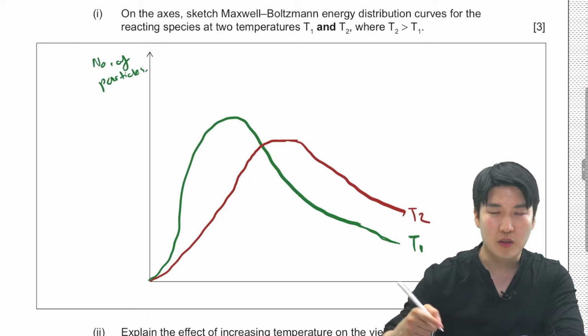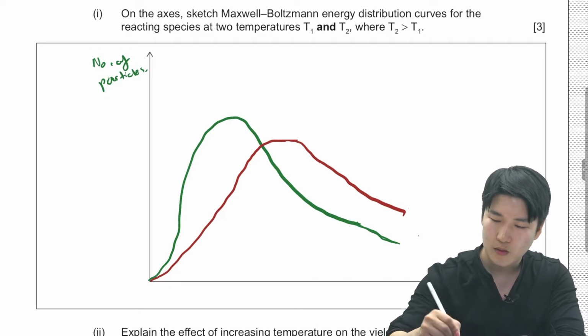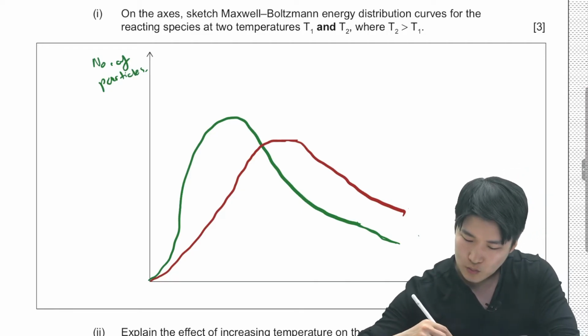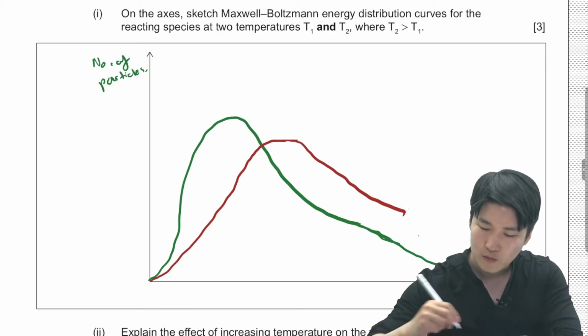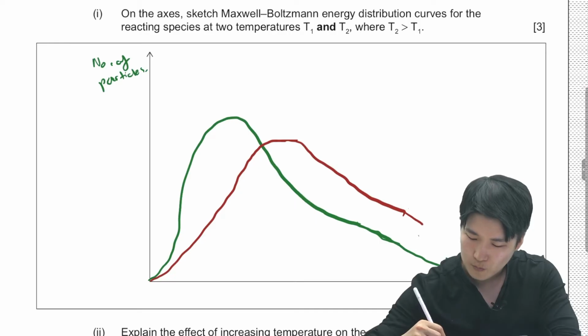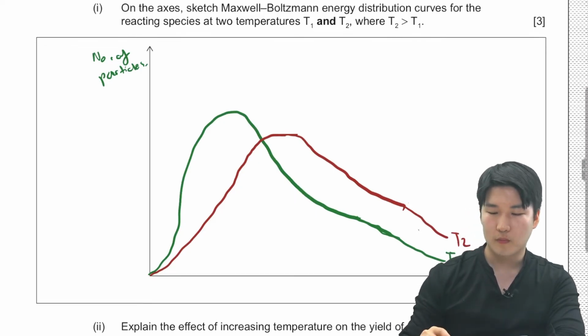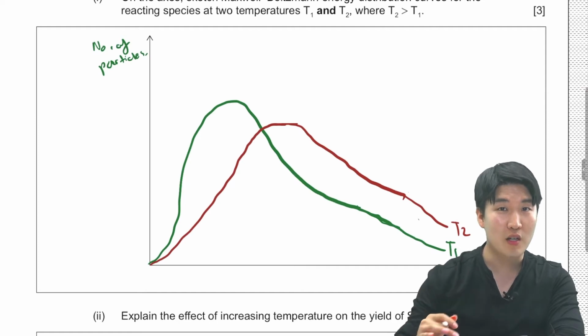So I'm not very happy with this diagram. I'm going to make sure that we're near 0 for both T1 and T2. Okay. Hopefully what you draw is a smoother curve than mine.